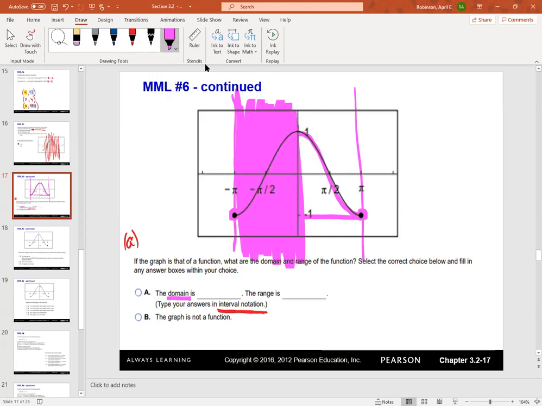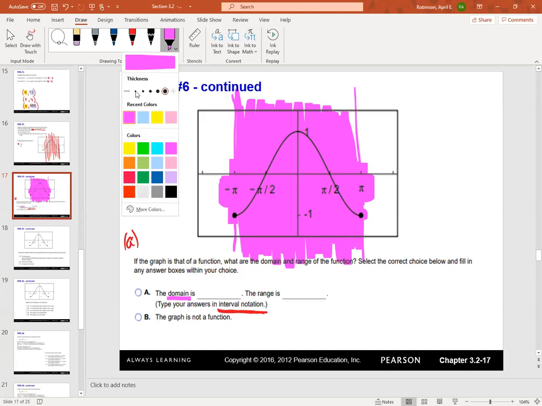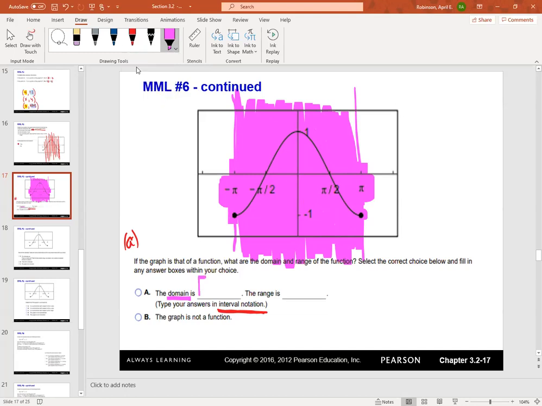This may have been a mistake to use this bright of a color, sorry about that. So I'm going from -pi to +pi. This is -pi here, and +pi at this end. And because they're solid dots, use brackets.